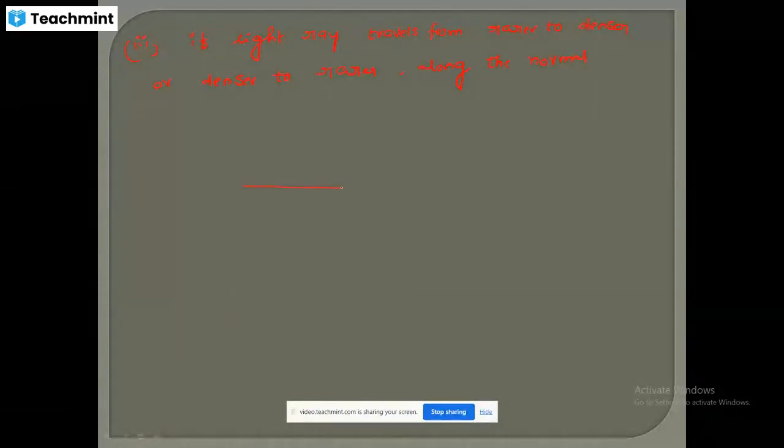So here, this is my interface. Light is exactly entering. For example, this is the air medium, the rarer medium, and this is the denser medium. This is an incident ray exactly along the normal. So this is also normal here. There is no angle of incidence. So there is no deviation. This is also the refracted ray.